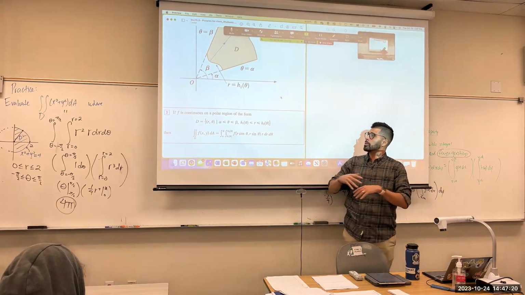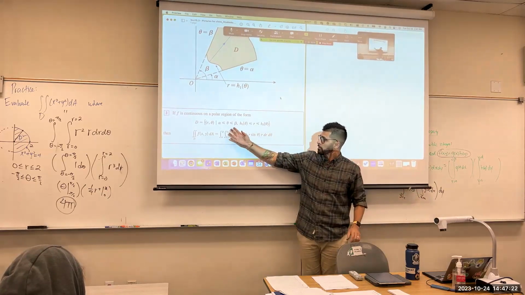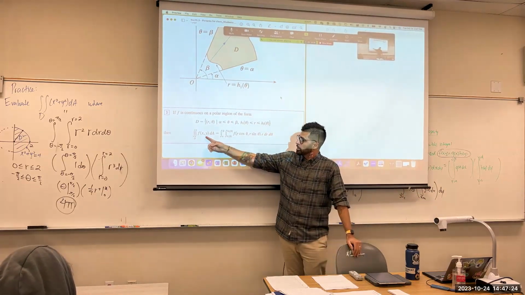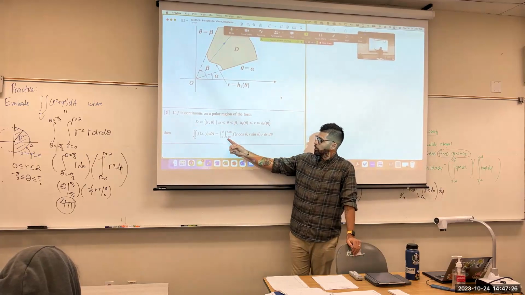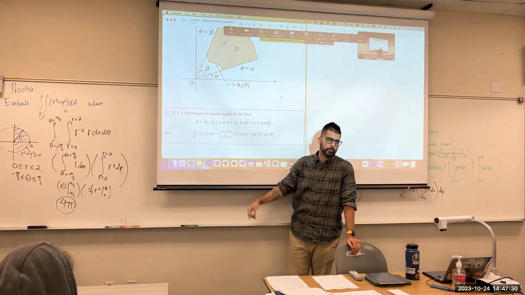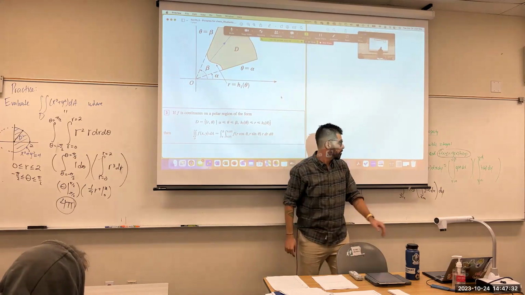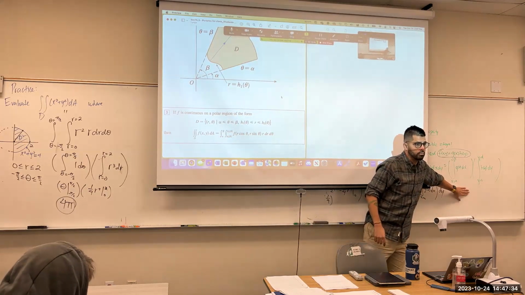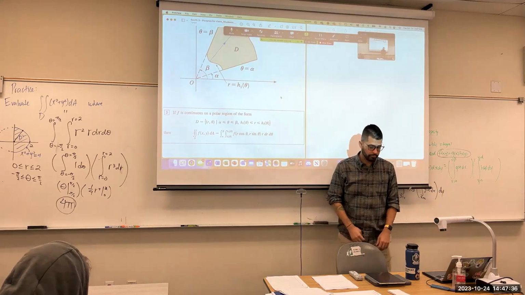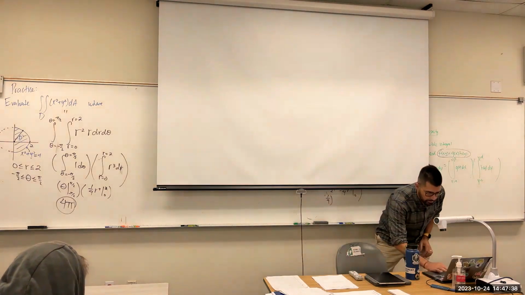So it's basically going to be the exact same thing we've been doing when you convert from rectangular to polar, except that now your R's are going to be bounded by functions of theta. That's the only difference. So we won't be able to use this rule though. Okay? So that's the main difference.